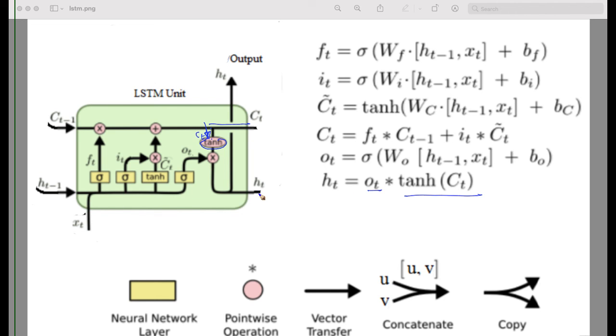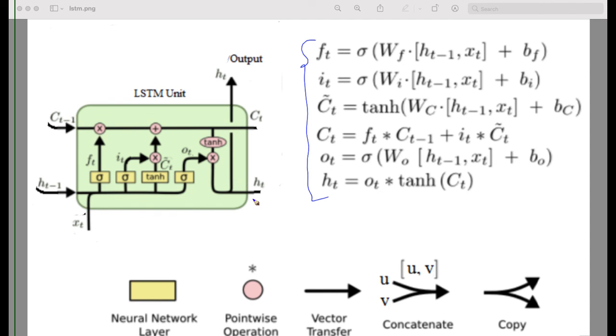So this is what we are getting, the final HT. HT is equal to OT pointwise multiplied with tanh of CT. CT is going here as well as coming here, and HT is going out here as well as going out here. So these are the simple equations of the LSTM.